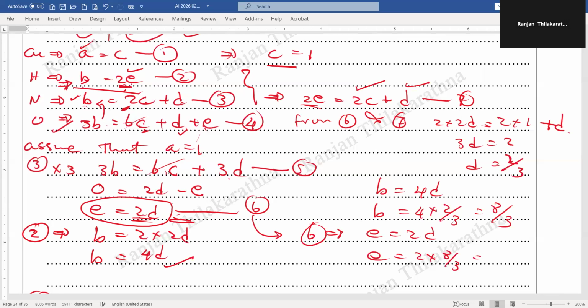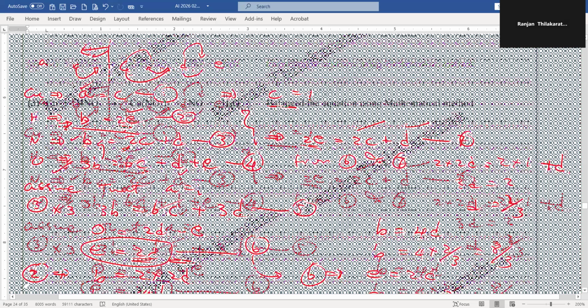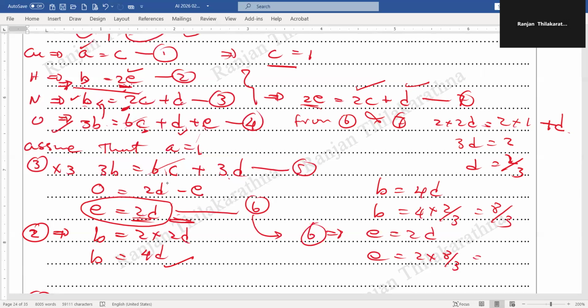Something wrong. What's wrong? What is E? E equals 2D.